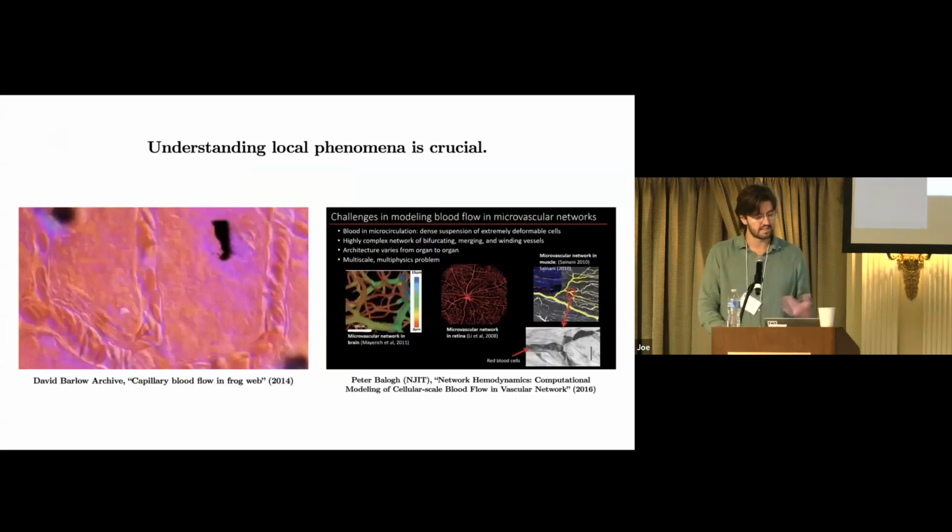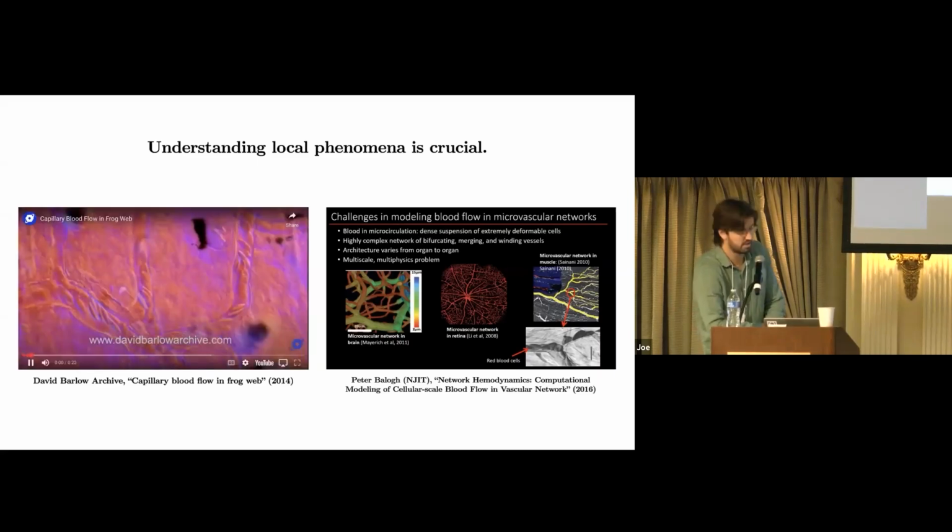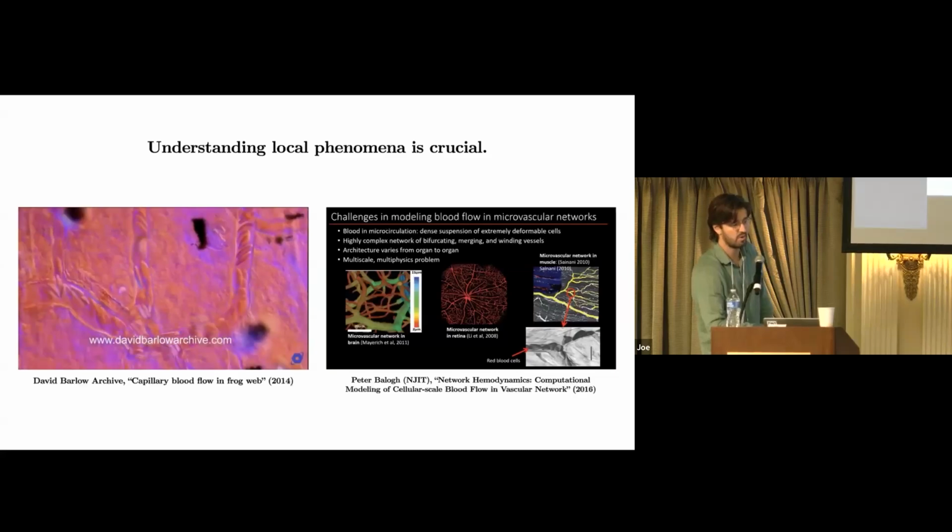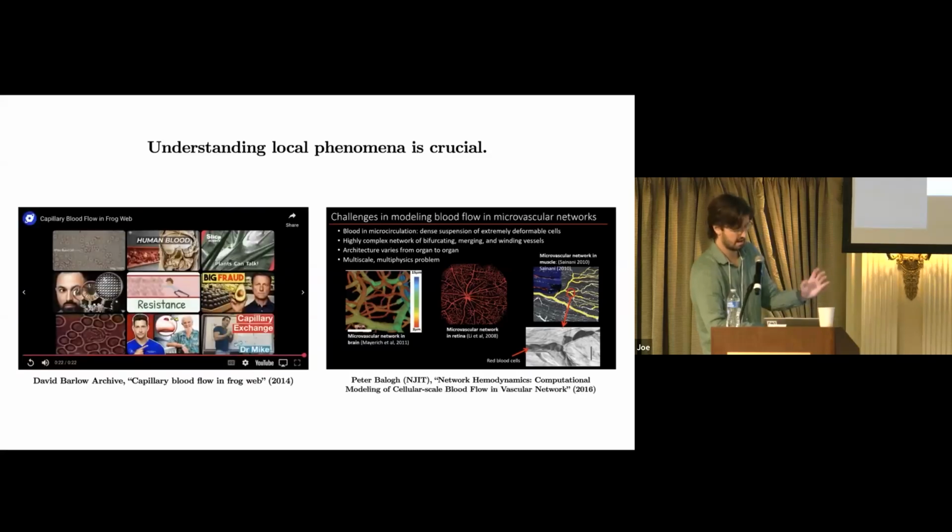So to understand these networks, often understanding the local phenomena is obviously crucial. In this case, we're looking at blood flow networks. We've got David Barlow here, who's a hobbyist who does these incredible imaging of various biological systems. And here, if we're going to try and understand things like clotting, we clearly want to get the local details as accurate as possible. We want to take into account the heterogeneity of the material as much as possible.